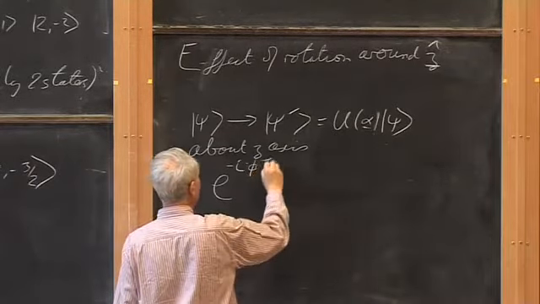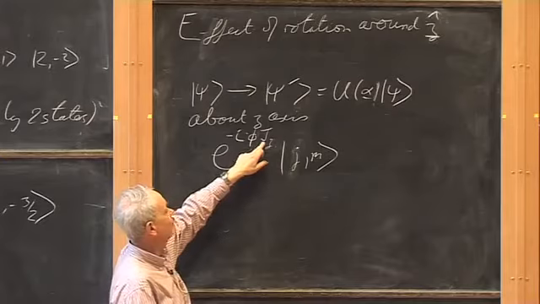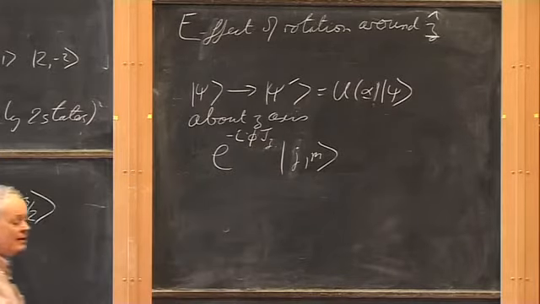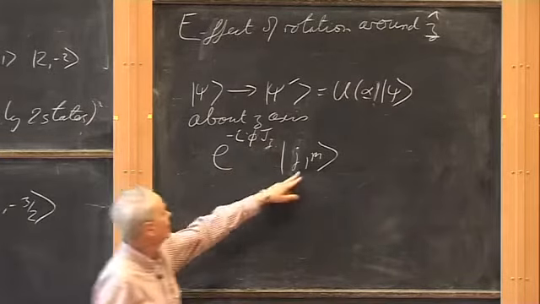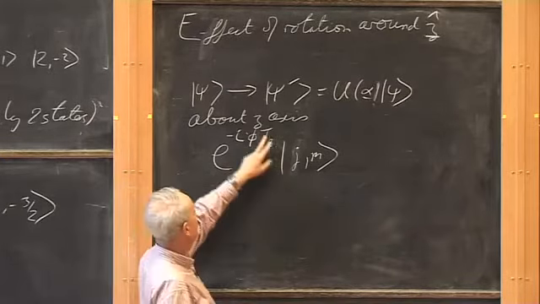This is a function of an operator, so by the definition of a function of an operator, it has the same eigenstates as the operator whose function it is. So this is an eigenstate of this operator, and the eigenvalue is the function of the eigenvalue.